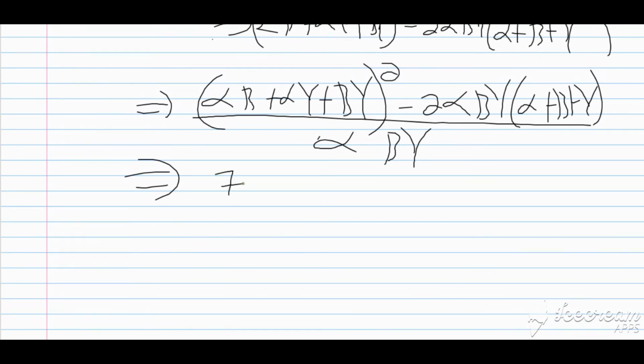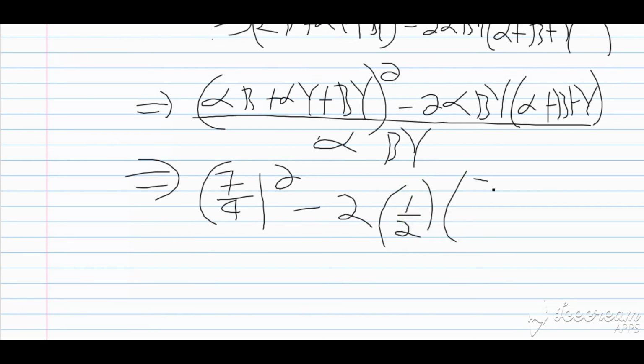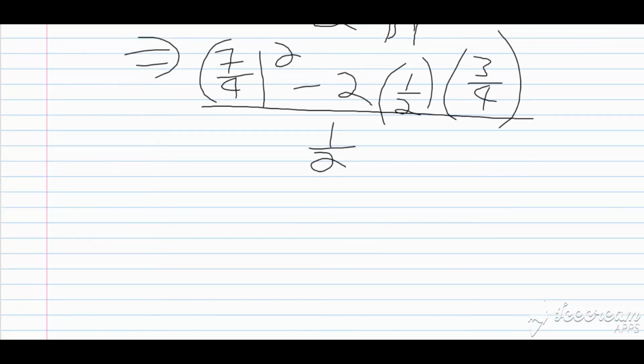So I'm going to have 7 over 4 all squared minus 2 times a half, which is the product of the roots, times 3 over 4, which was the sum of the roots, all over the product of the roots, which is a half. When I break all this down, you can use a calculator, plug in everything, and it's going to give you 37 over 8.